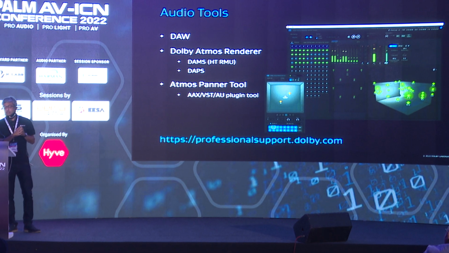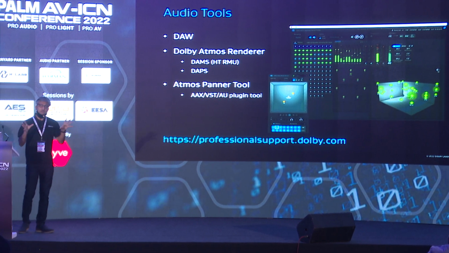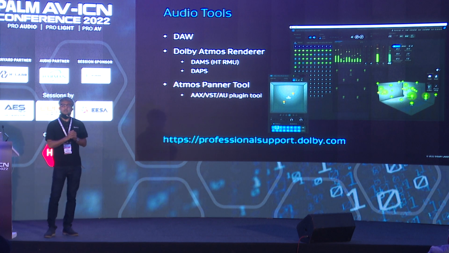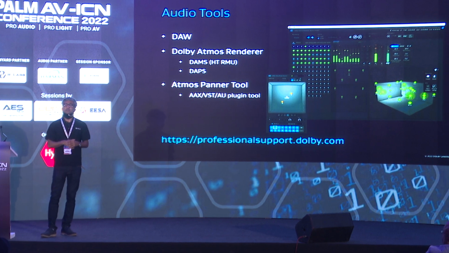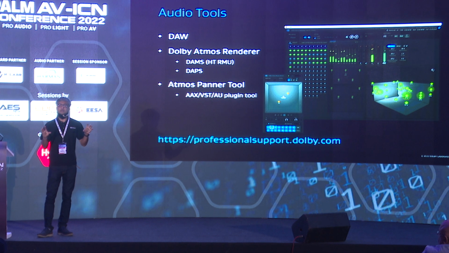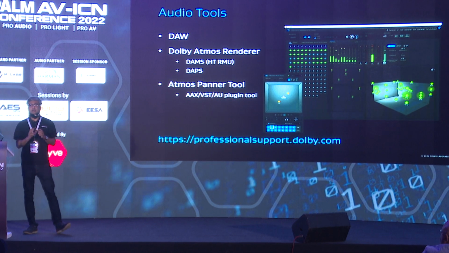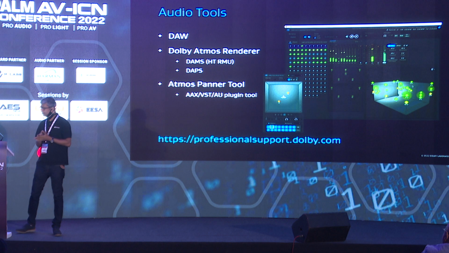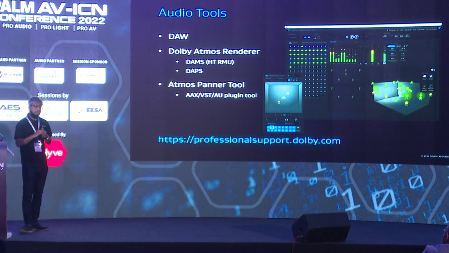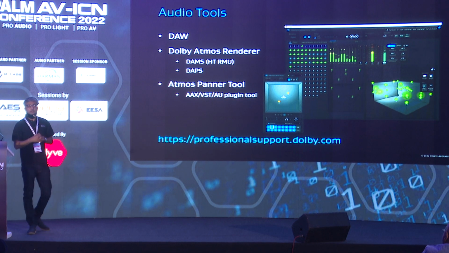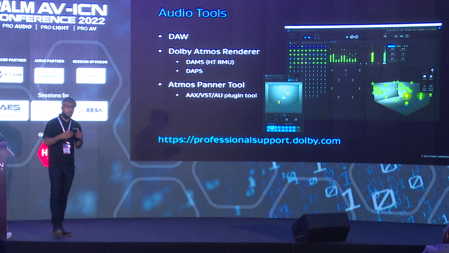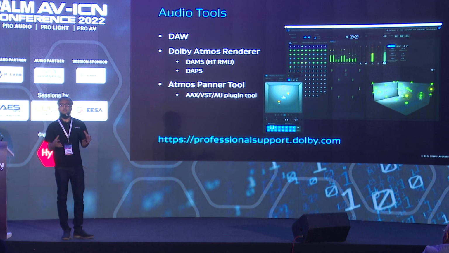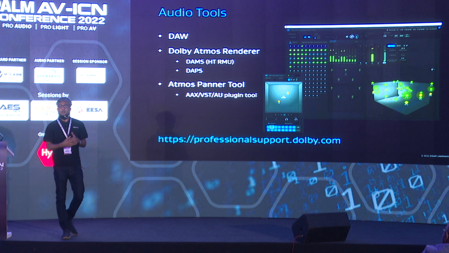And there are two versions of the renderer. One is a dedicated hardware-based renderer, which we call the home theater RMU, rendering and mastering unit. That's what RMU stands for. And then we have the software-only version of it, which can run on your main computer system where you're running your DAW.